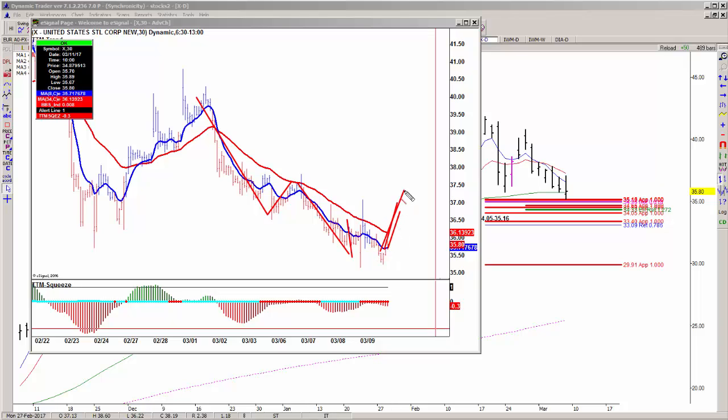So it needs to have that crossover, and then in the process I want to see a pattern shift, and a pattern shift would basically be taking out a prior swing high also. So for example, if in the process of having the crossover, we also take out this prior swing high, then both things come together as far as a signal.